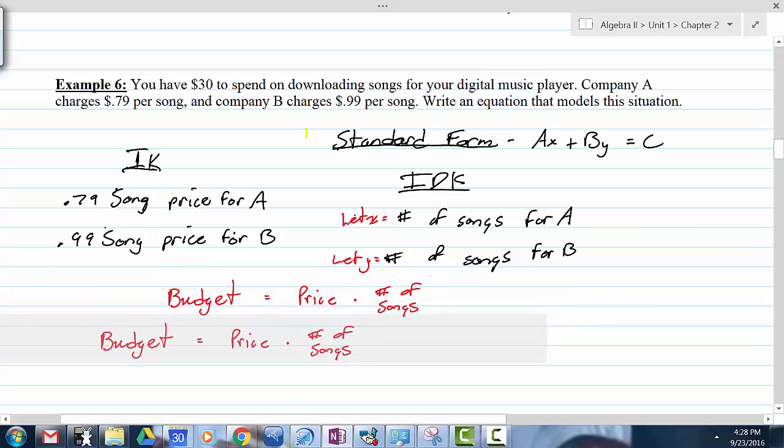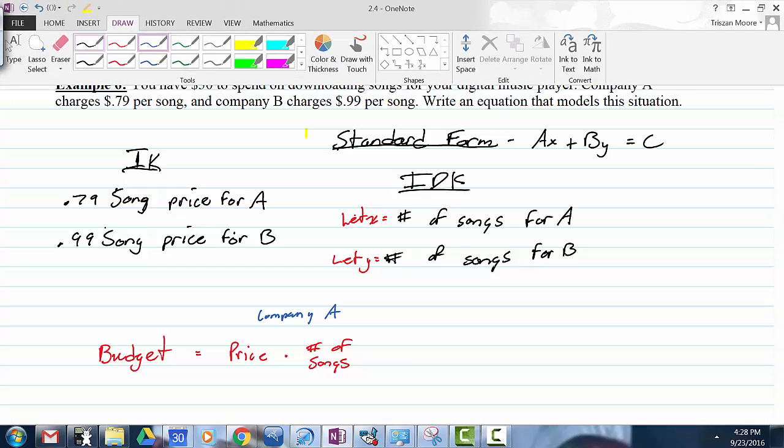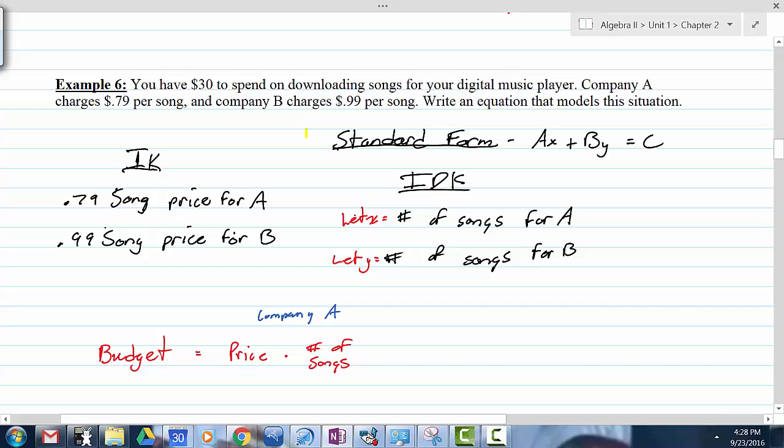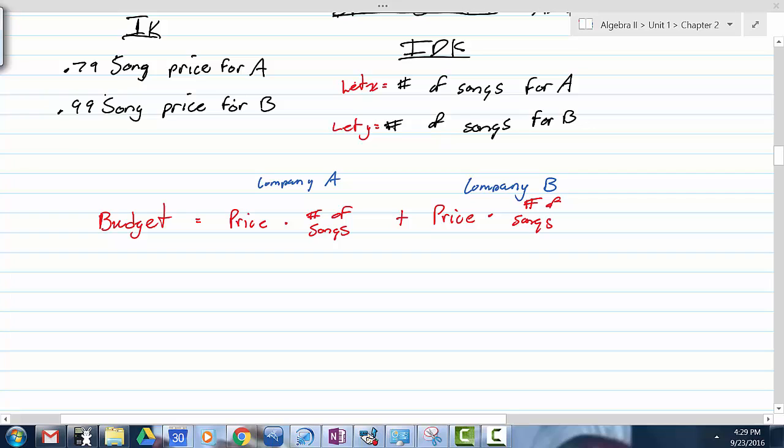What I just did was just for company A. So that's how much money I spent on those songs, plus price times number of songs, and this time for company B. So we're doing our budget equals price times number of songs for company A, added to the price times number of songs for company B. That's how much money I spent on both.